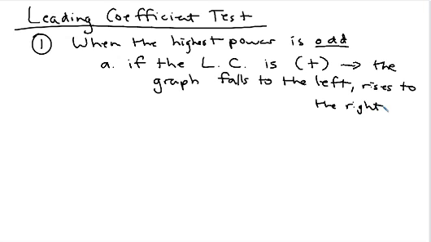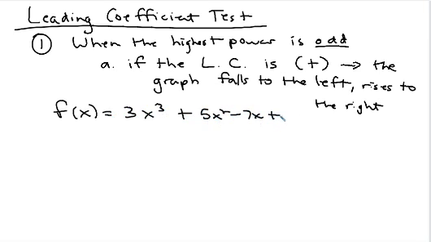What are we saying here? If I have a function like this, 3x cubed plus whatever, 5x squared minus 7x plus 9. And I just made this function up. I'm not sure exactly what its graph looks like. But this is the leading coefficient. All right?